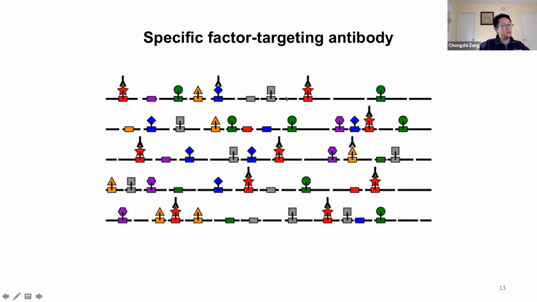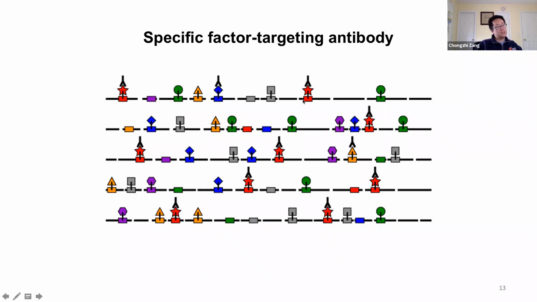So now the important step is to use a specific antibody that can specifically recognize and target that specific protein factor that we are interested in. As we can see, they will also have some off-target effect, targeting some other proteins.